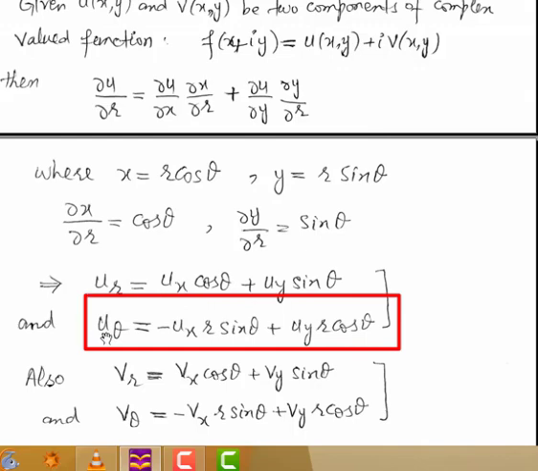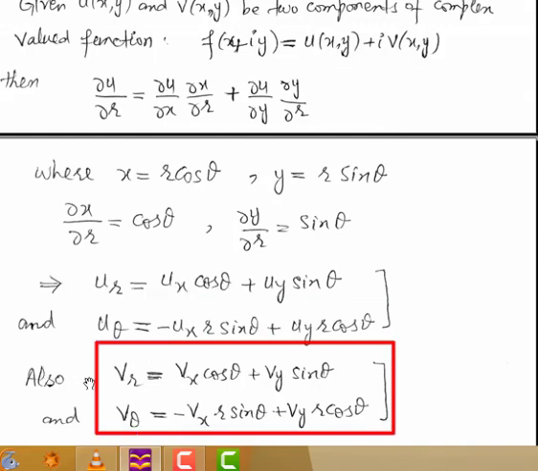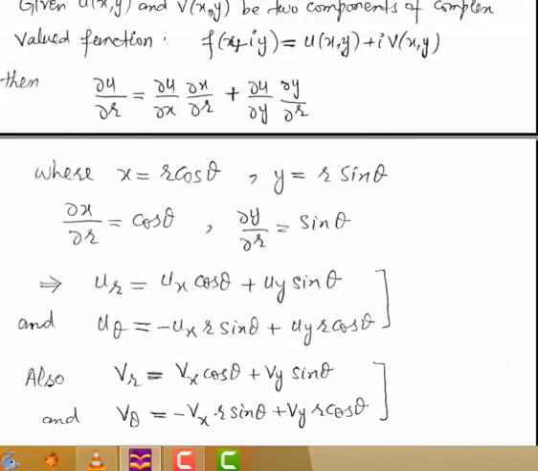And equivalently, you can write u theta equals minus ux r sin theta plus uy r cos theta. Also, in terms of v, you can write vr equals vx cos theta plus vy sin theta and v theta equals minus vx r sin theta plus vy r cos theta.